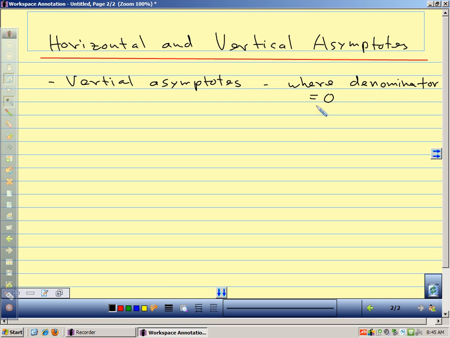Except there's one exception, and we'll talk about that in just a second. But mainly what we're looking at in this section is we get a vertical asymptote where the denominator is 0. That's where our function's undefined. So that's the way to think of your vertical asymptote. Horizontal asymptote.